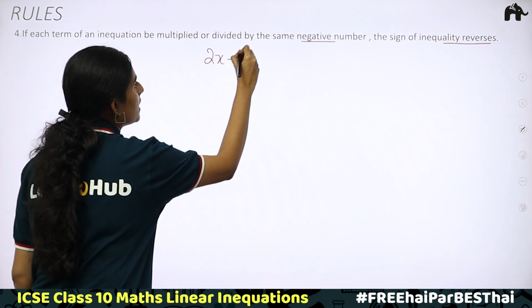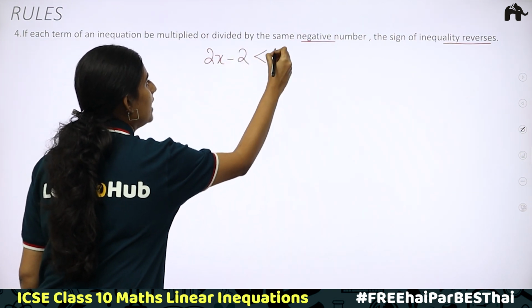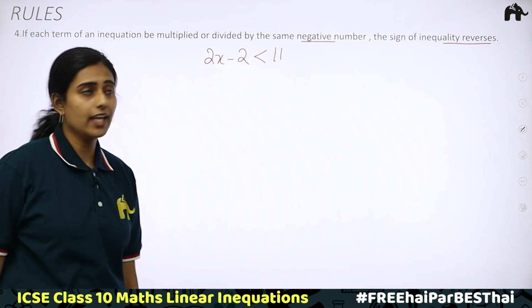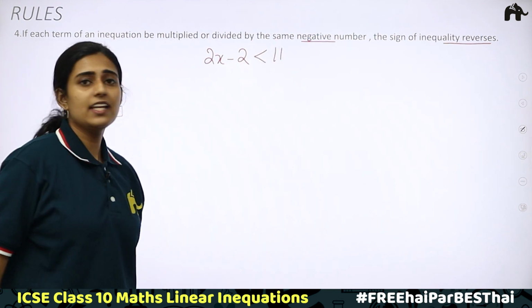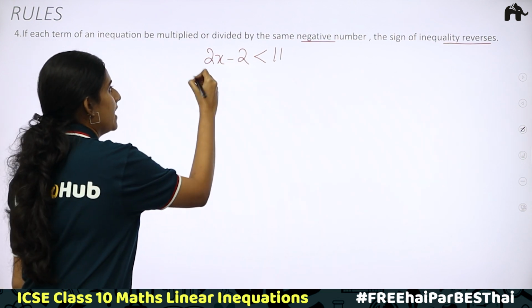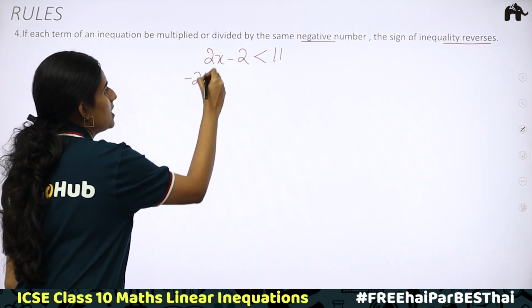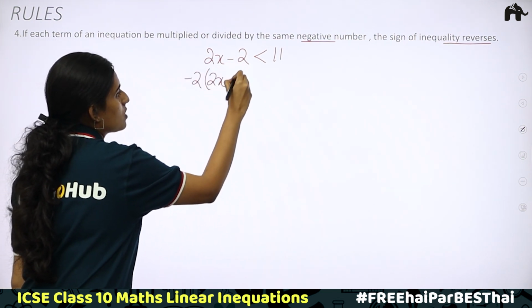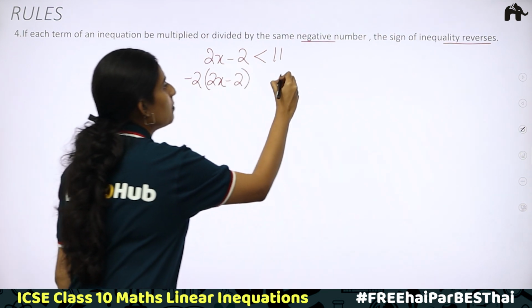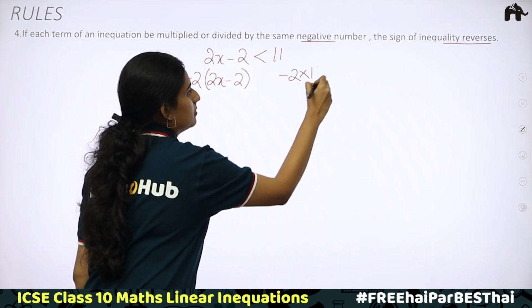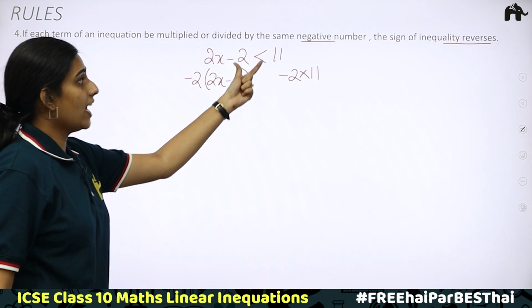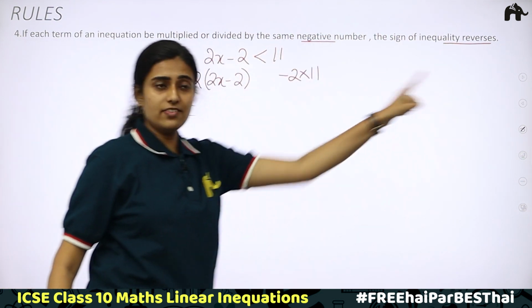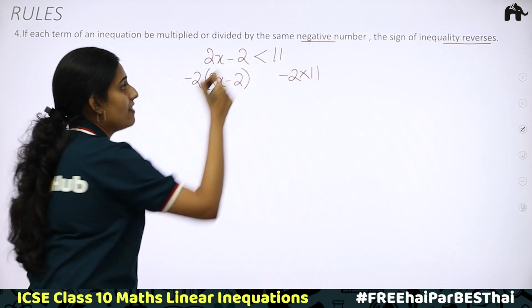2x minus 2 less than 11. Okay. I need to multiply with a negative number. Let's take minus 2. Minus 2 into 2x minus 2, and minus 2 into 11. Given that the sign of inequality reverses, which means here we have less than.